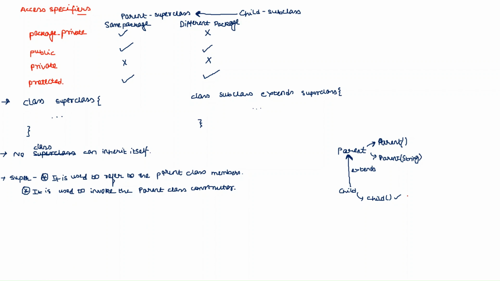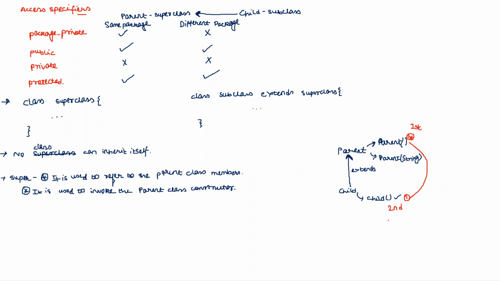So right after we instantiate it, this constructor gets called first, the child constructor, and before executing any statements within this child constructor, the flow of control goes to the parent constructor. So this particular constructor, the default constructor, which is the parent constructor, gets called first. It gets executed first. Then the child constructor gets executed.